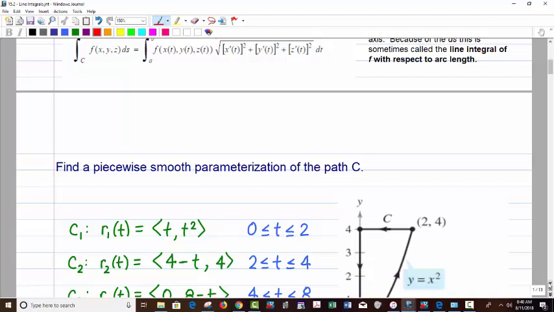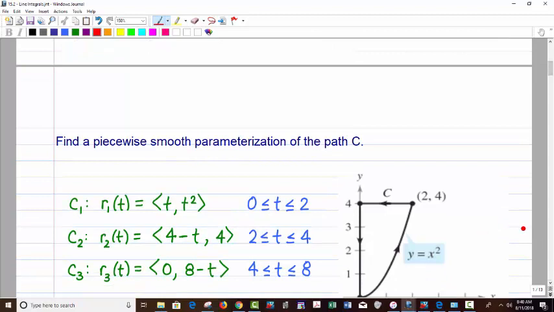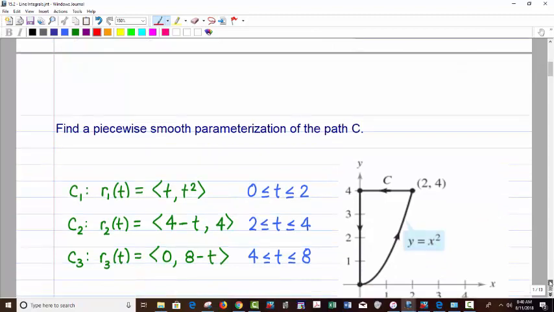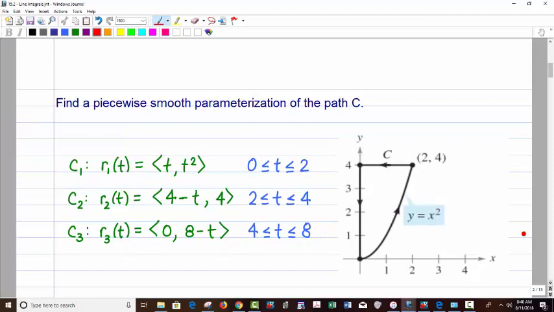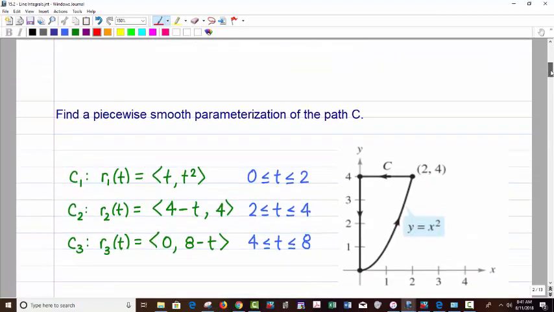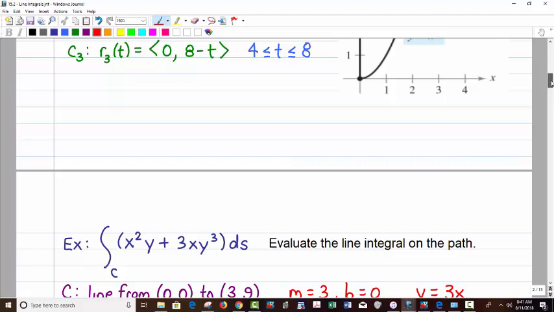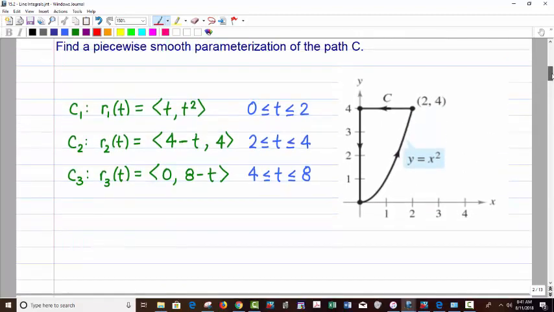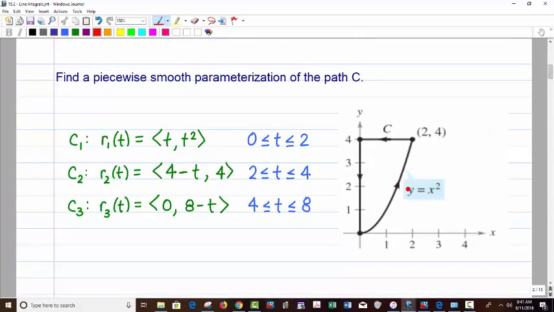Now, this one is a little bit more involved, because we're having to find a parameterization across this entire path instead of just one little section here. So when you have it across a path like this, you have to treat each piece separately. So starting from the origin, I'm calling this one C1 right here, and then C2 would come this way and C3 would come down.